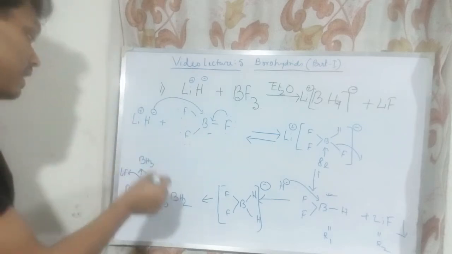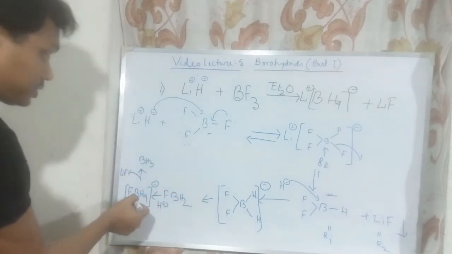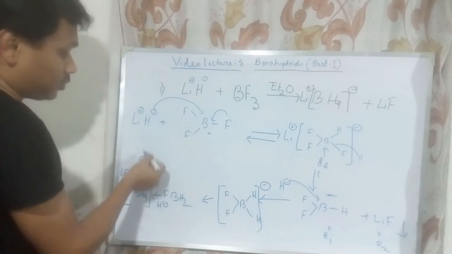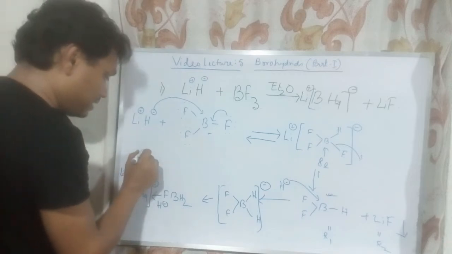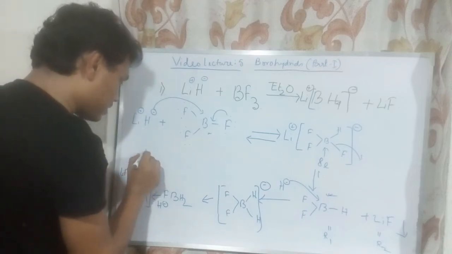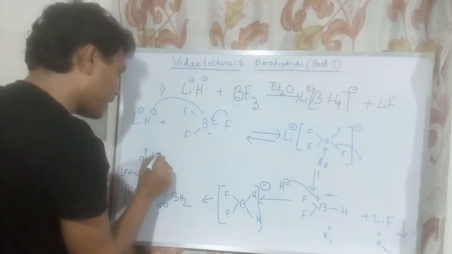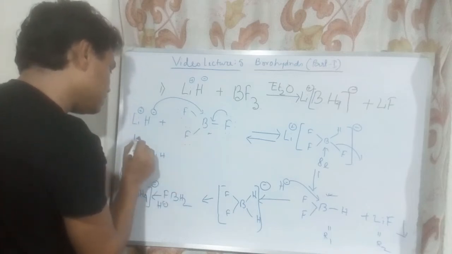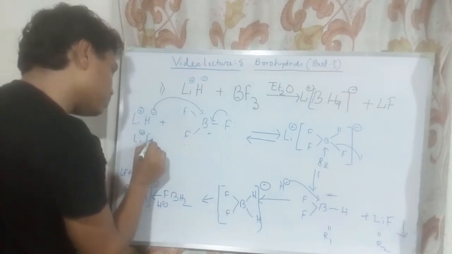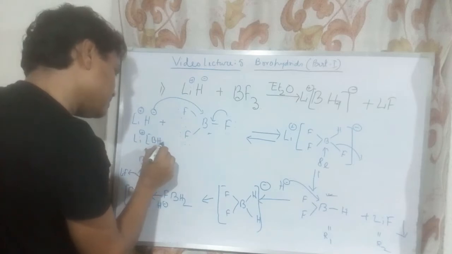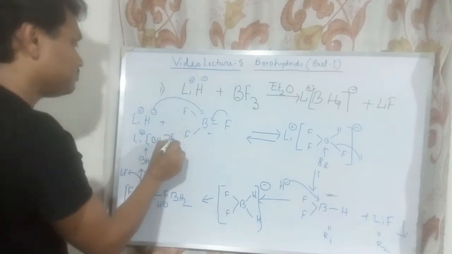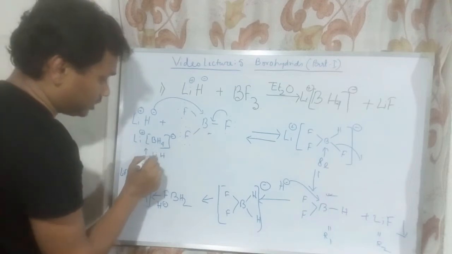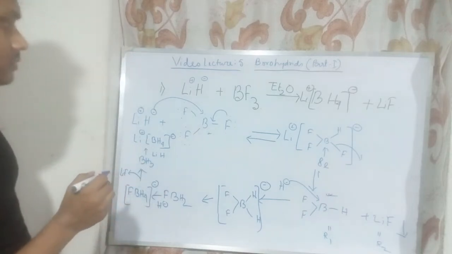With each fluorine substitution we get more and more reactive species, and ultimately this will react with lithium hydride to form lithium plus and borohydride minus, because borohydride is stable. It is octet filled, but BH3 is not stable.